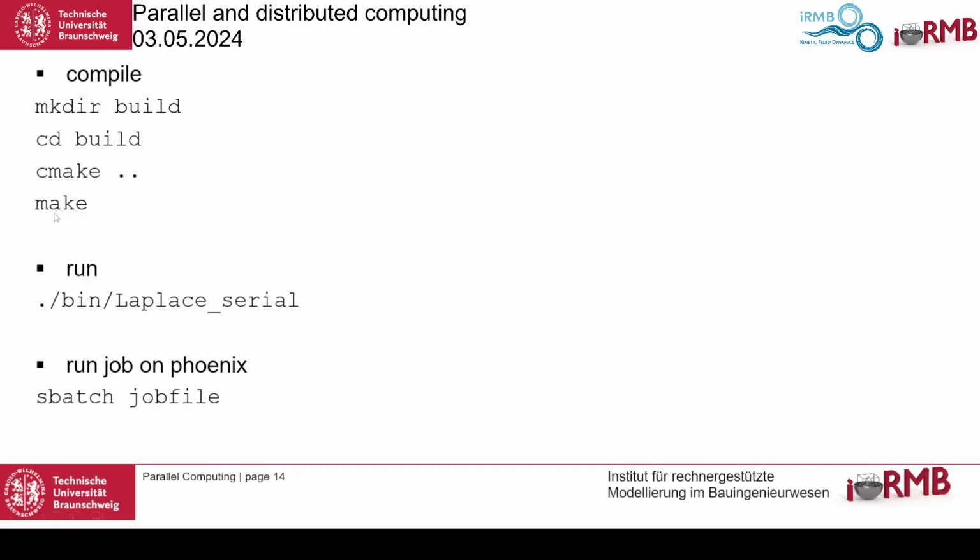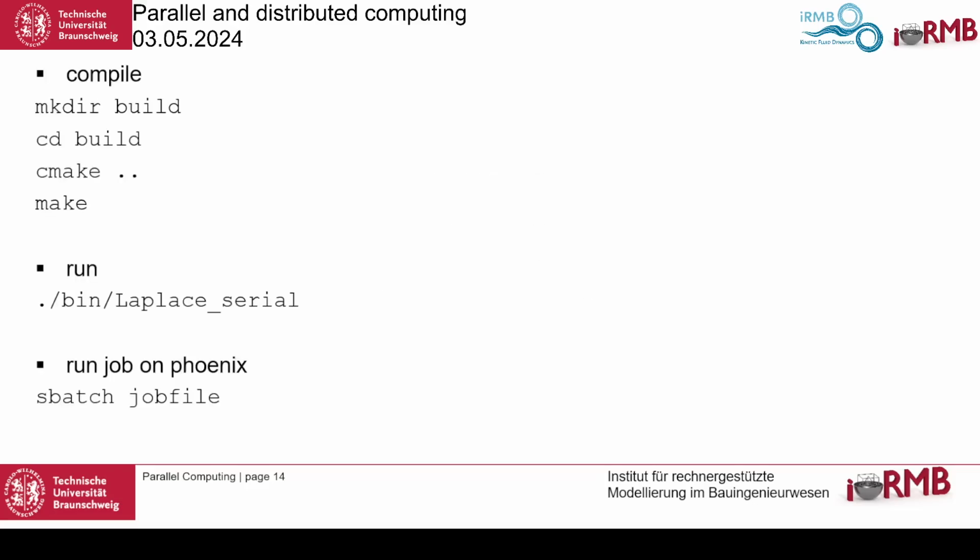You could also go in the outer folder, call CMake there, and then make, and then the problem is, or maybe there's no problem, but it will generate all these files inside the outside folder where you also have your C++ files and so on.